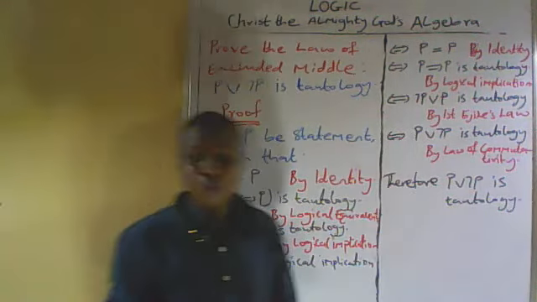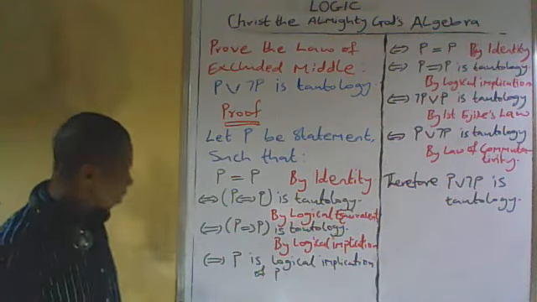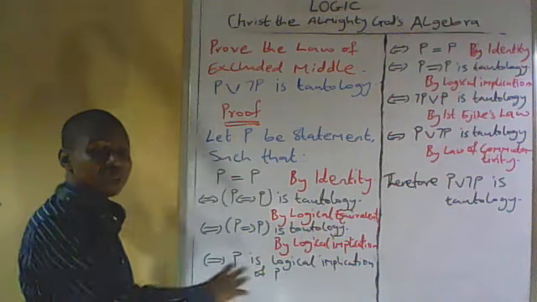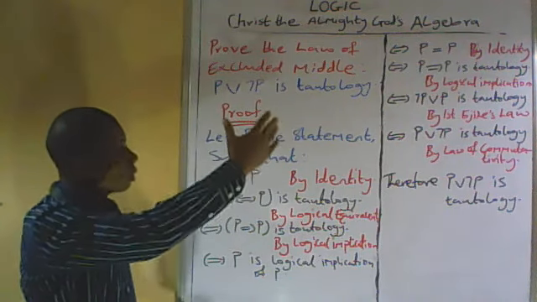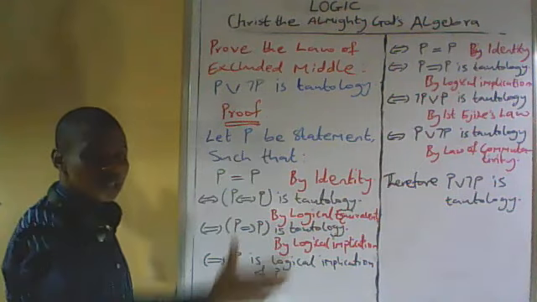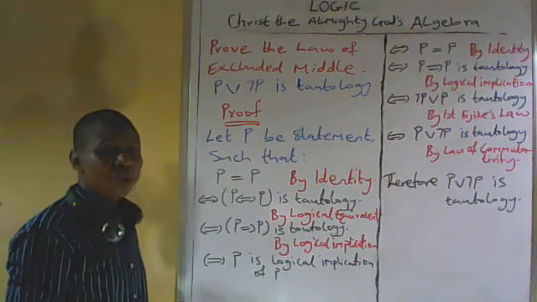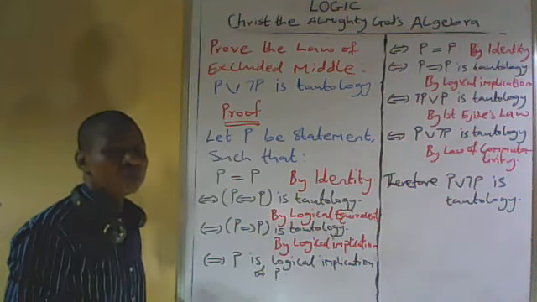We have now proved the law of excluded middle, that it is true. We have first of all derived that P exists. After we derive that P exists, we prove that P or not P is a tautology.